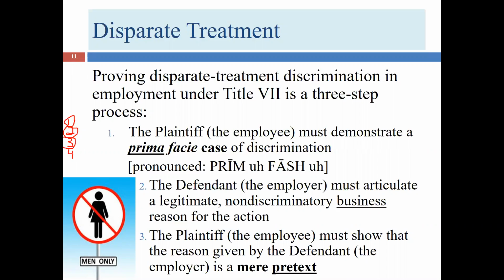If the position is never filled, or if the position is filled with somebody of my same category, for example, I'm a woman replaced by a woman, then I haven't proven this element. I'm going to have to look for something else. But there are other categories that can work here as well. So the bottom line is, it's pretty rare that a plaintiff doesn't have all the facts that he needs for the prima facie case. This is usually not a very difficult thing for the plaintiff to prove.